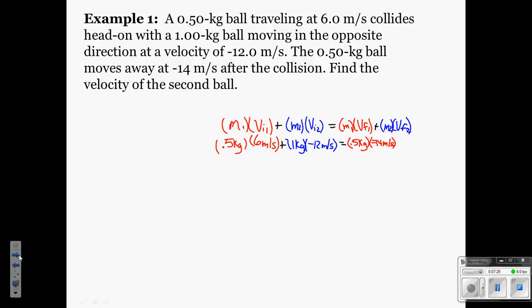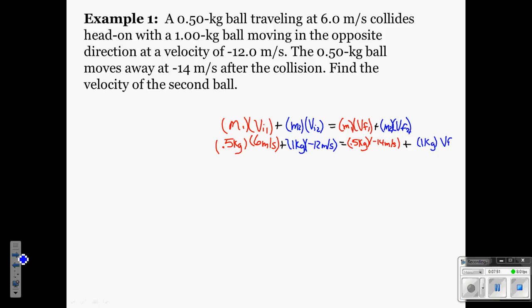Plus the mass of my object 2, which still has not changed. That is still 1 kilogram. But the question is asking me to find the velocity of my second object.